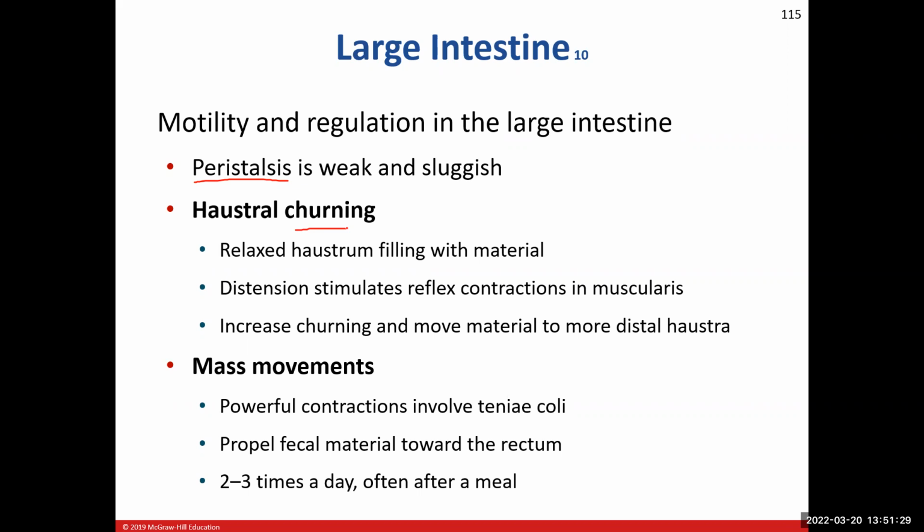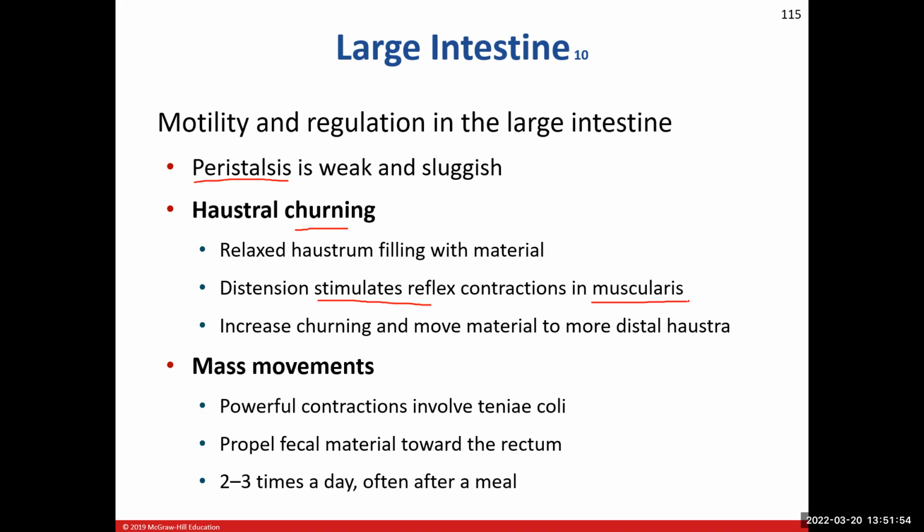And then as the haustrum starts to fill up, it's going to stimulate a reflex. Here's another reflex, like I was saying before. As it's filling up with the ingested material, with that chyme, it stimulates a reflex, which causes the muscularis layer to contract.